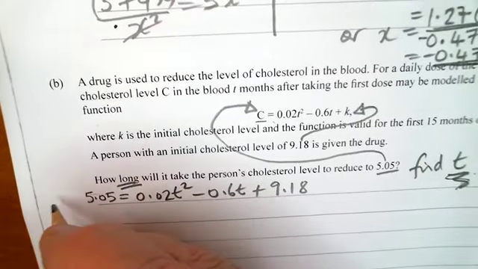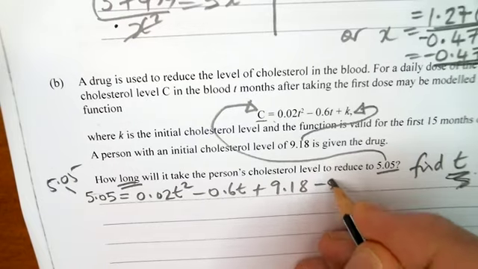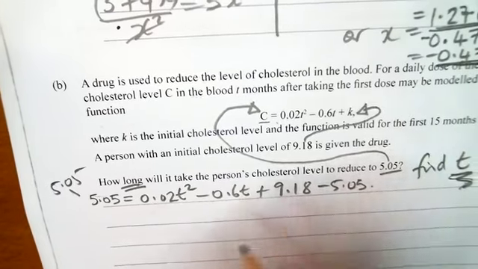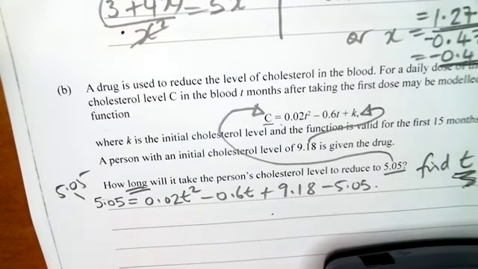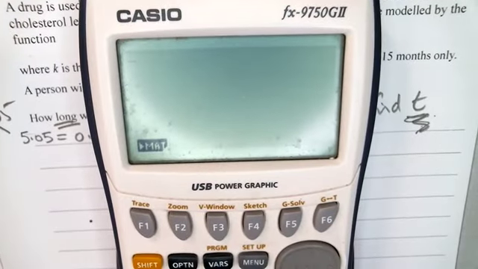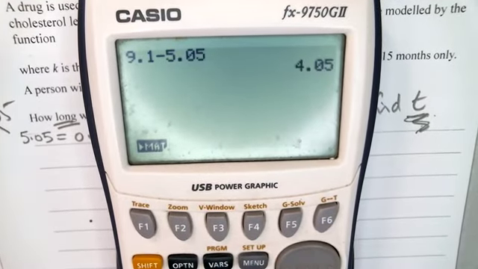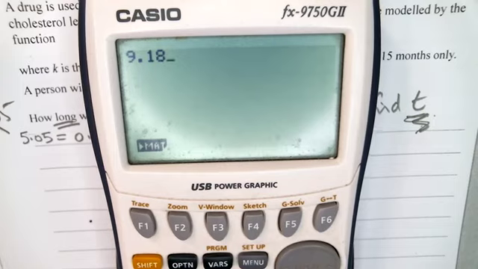So to do that, I'm going to subtract 5.05 from both sides. So this is going to equal 0, and that's going to equal 9.18 minus 5.05. Let's try it. 9.18, I can't even type today, minus 5.05.